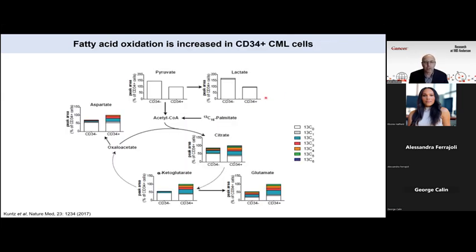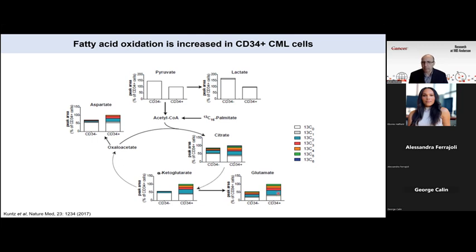This is how it looks once you run the mass spectrometry. You look at the different molecules and their different mass shifts. And what you see here particularly, again looking at the amino acids, is an increase in glutamate derived from palmitate. Every color indicates how many carbons were incorporated into glutamate, or any molecule, that are derived from palmitate carbon-13.